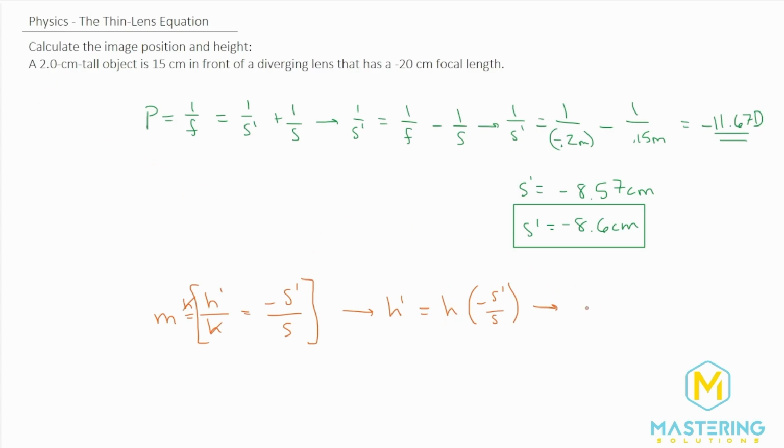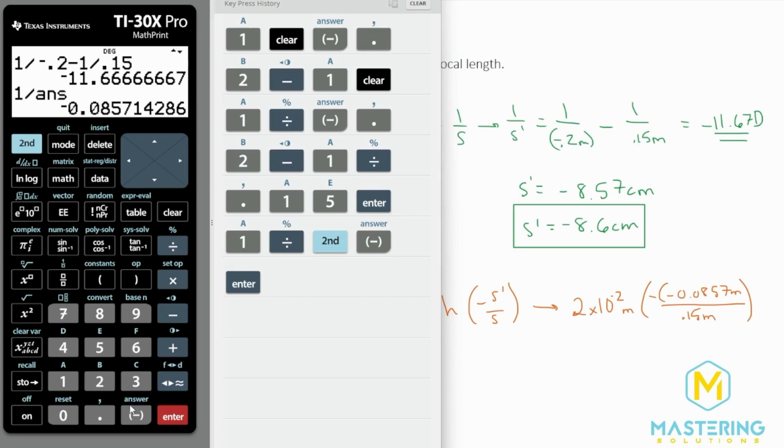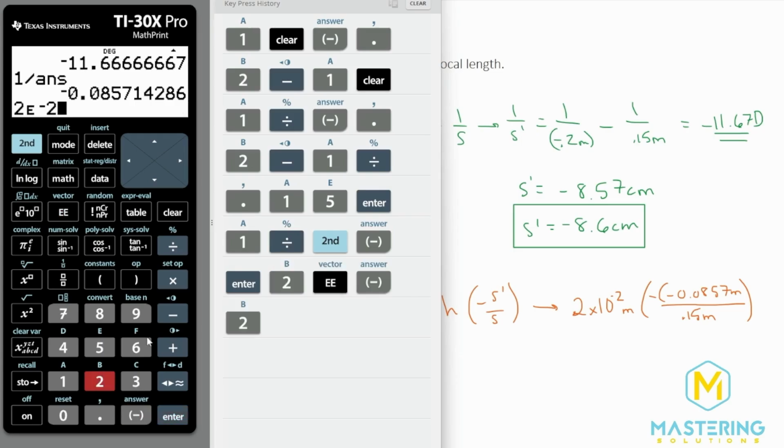When we plug this in, the object height is 2 centimeters tall. Putting that in meters, we have 2 times 10 to the negative 2 meters. Multiplying that by the s prime, we do need to keep the negative here, which comes from the equation. So we have negative negative 0.0857 meters divided by the object distance, which we said was a positive 0.15 meters. That gives us, in meters, 1.14 times 10 to the negative 2.